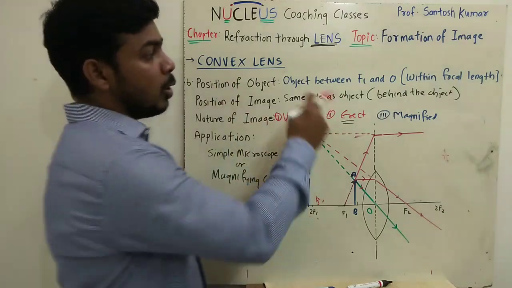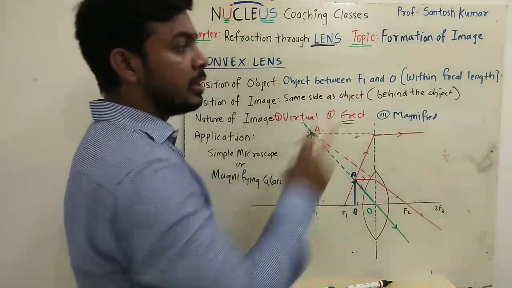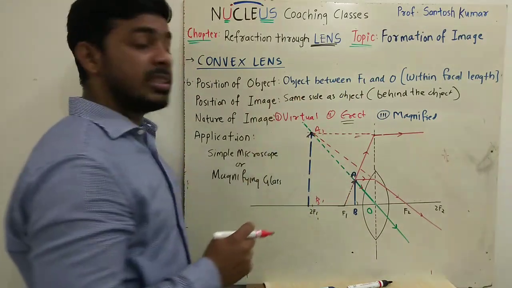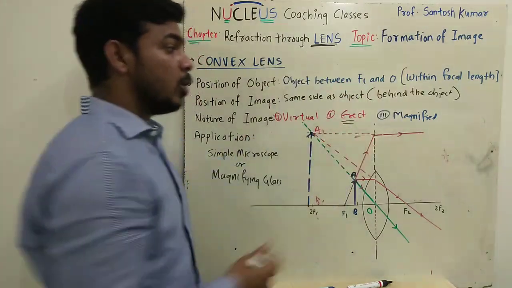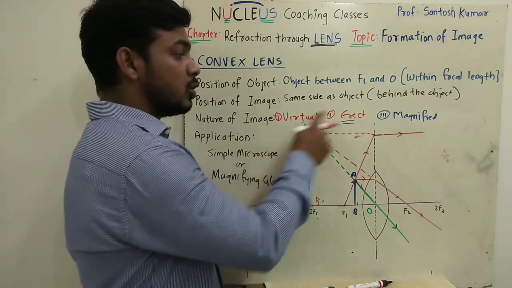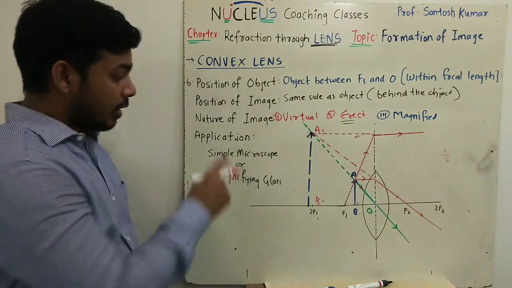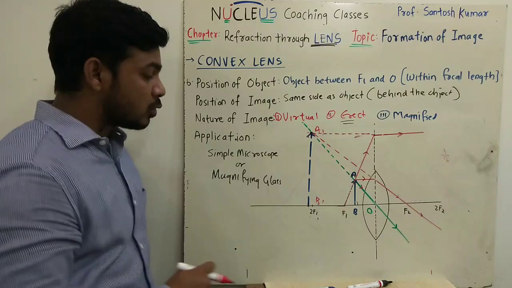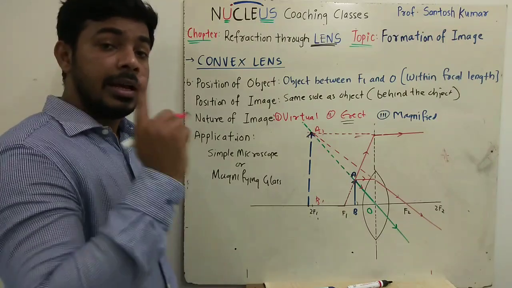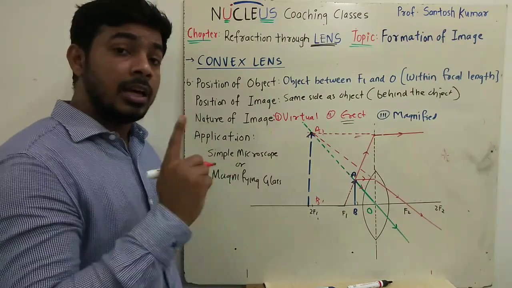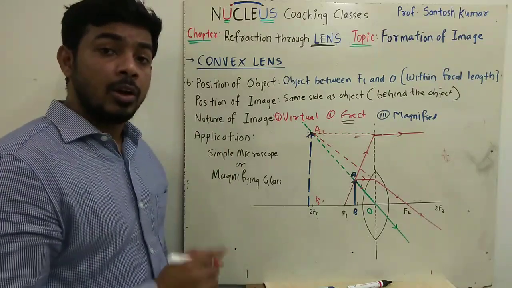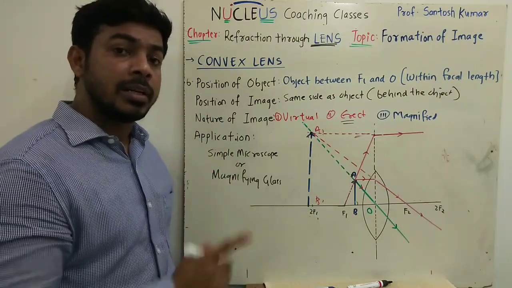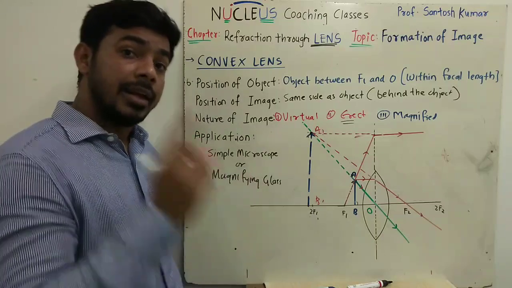So in this case, when the object is kept between F1 and O, or within the focal length, the image is formed on the same side as the object, that is behind the object, and the image is virtual, erect and magnified. It is used as a simple microscope or a magnifying glass. Remember, in the case of a convex lens, there were 6 positions of the object. For the first 5 positions of the object, the image was real and inverted.